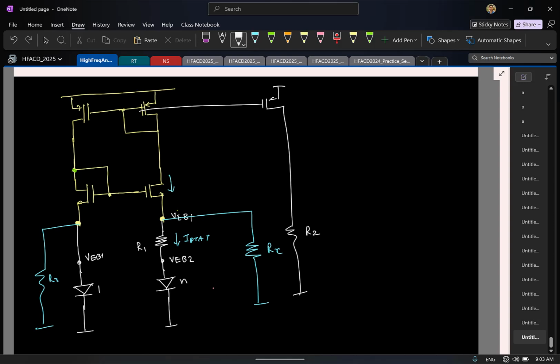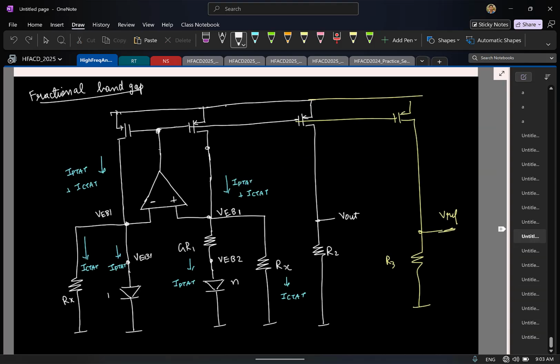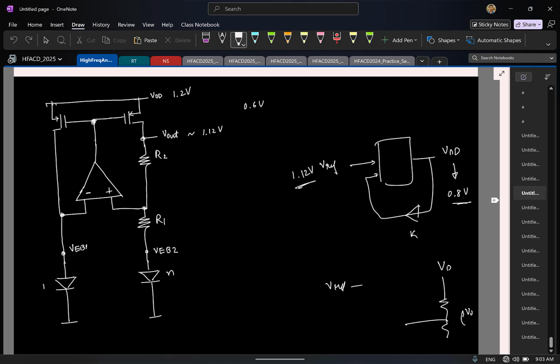That's all. Cool. So now, a couple of minor points with respect to band gap. So let me just go to the circuit with op-amp.